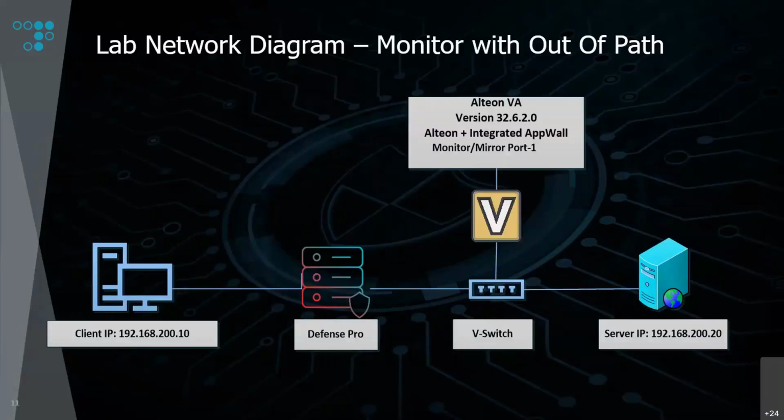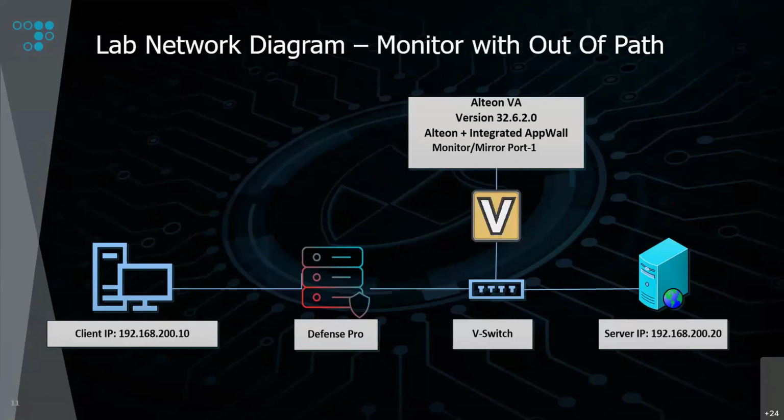Now we'll initiate the traffic from the client to the server, directly to the server, 192.168.200.20. Now Alteon is connected to the virtual switch. It is an out of path deployment where the virtual switch NIC is configured as promiscuous or a mirror port, and all the traffic would be copied to the Alteon and the integrated WAF. For example, shown in a Sequa tunnel is an out of path with monitor mode enabled.